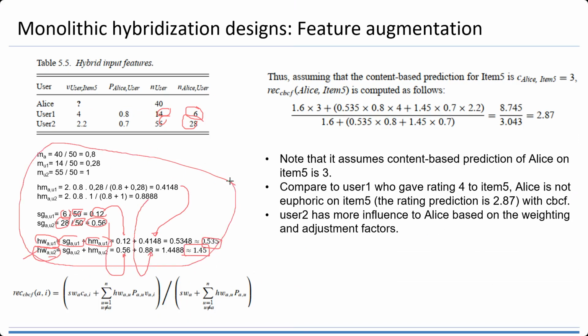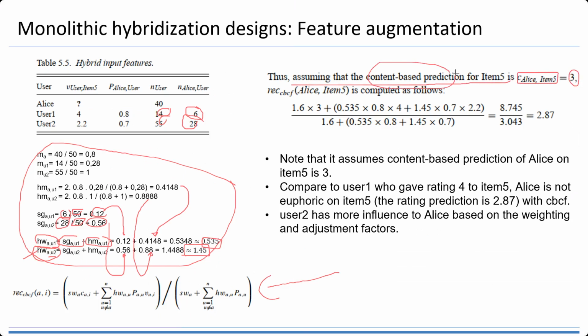After we got these values, using this recommendation formula, assuming that the content-based prediction for item 5, C Alice, item 5, equals 3. So we just assume that. With the content-based prediction, you can use content-based filtering, and you get a number.